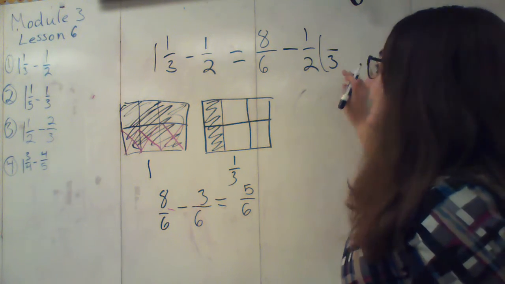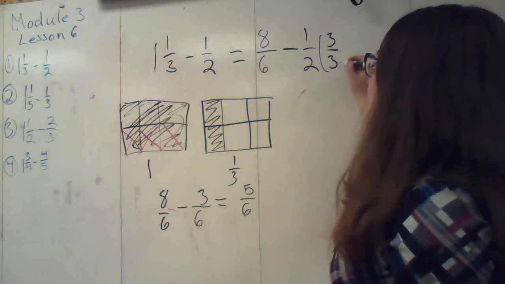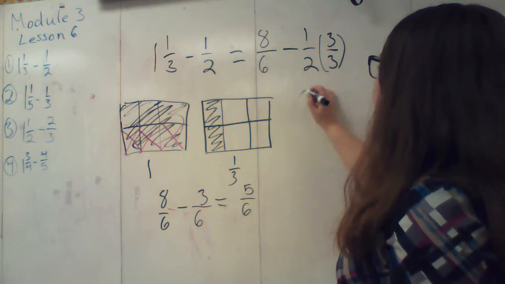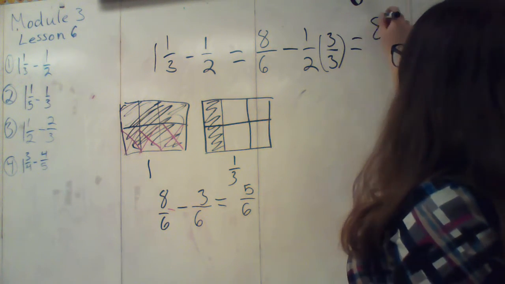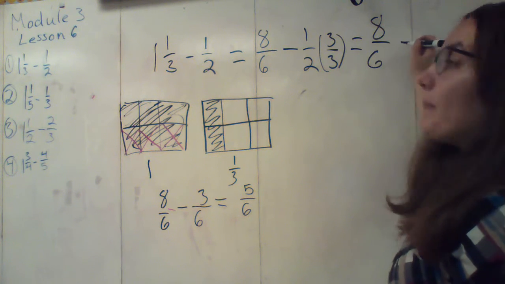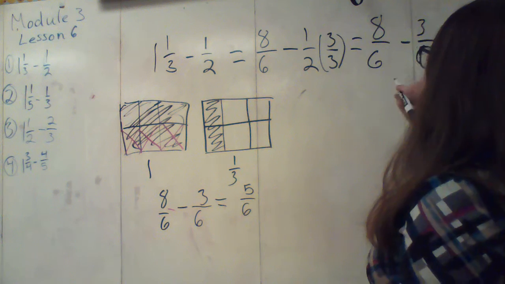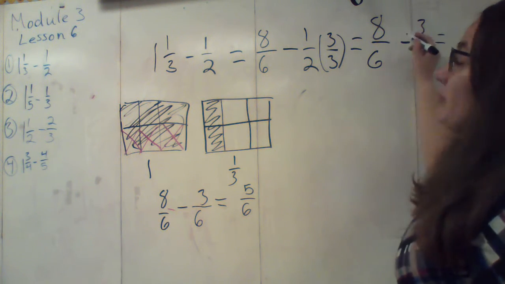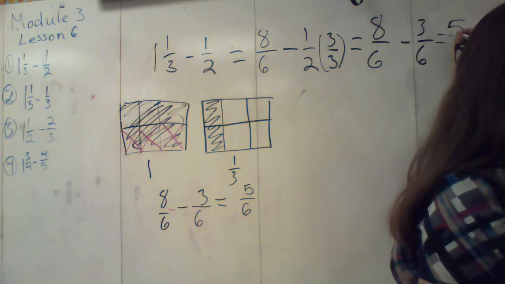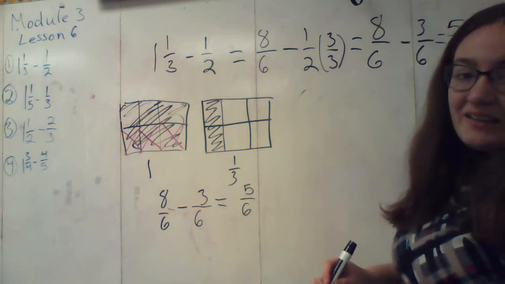So 2 times 3 is 6. And whatever I do to the bottom, I have to do to the top. So then I'll write my new problem as 8/6 minus 1 times 3 is 3, 2 times 3 is 6. And then 8 minus 3 is 5/6.